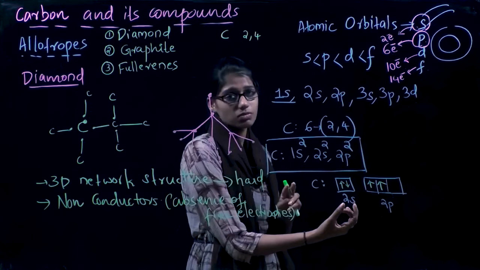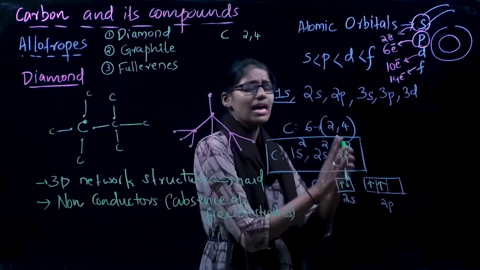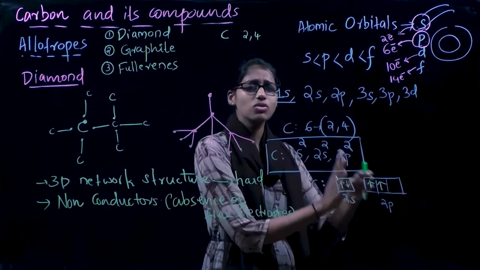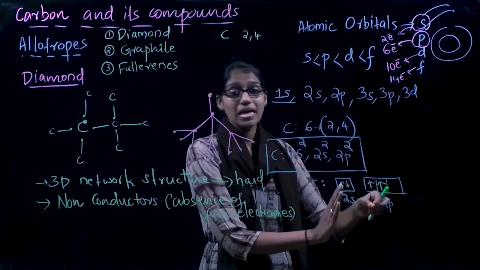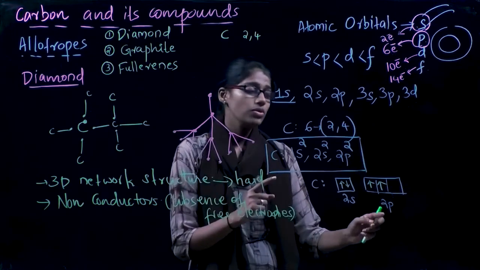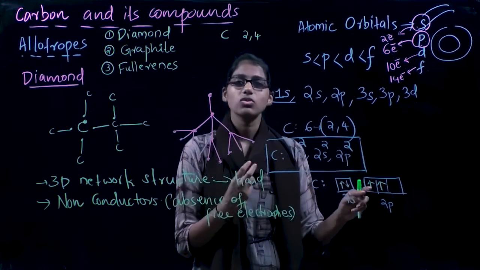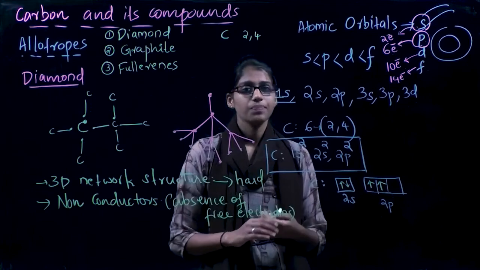S can accommodate a maximum of 2, p can accommodate a maximum of 6, as you have 3 orbitals, and whenever you fill electrons in degenerate, same-energy levels, pairing happens only after partial filling. Hence when you represent 2p2, the 2 electrons are not paired up; instead they are partially filled in the orbitals.